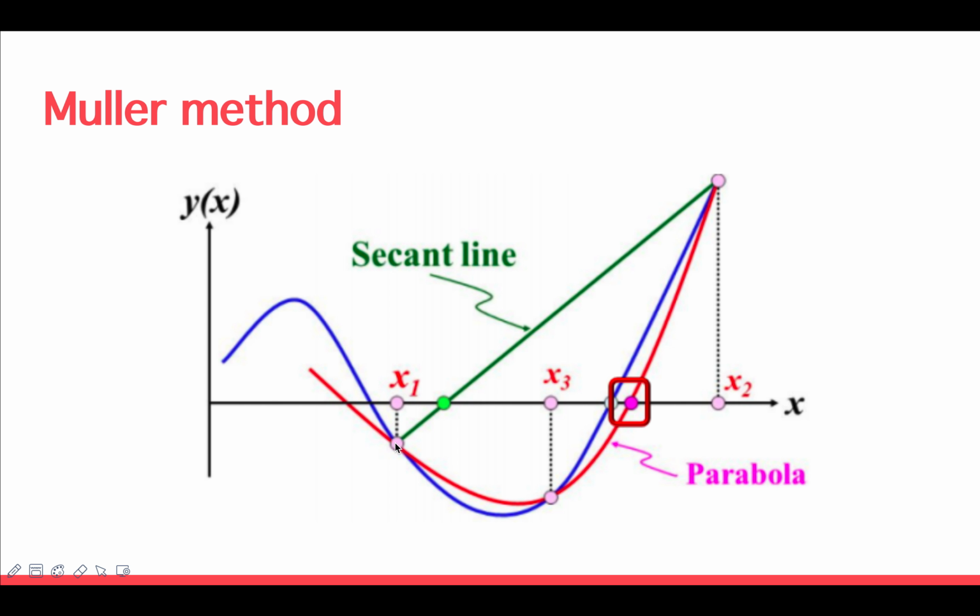You can see x1 matches the blue point here, and x2 here, and x3 here, and using only these 3 points you draw the red line. You can see this point is the red line's root on the x-axis, right? And this is the next x1, x2, x3, and you do the loop and then find the result.